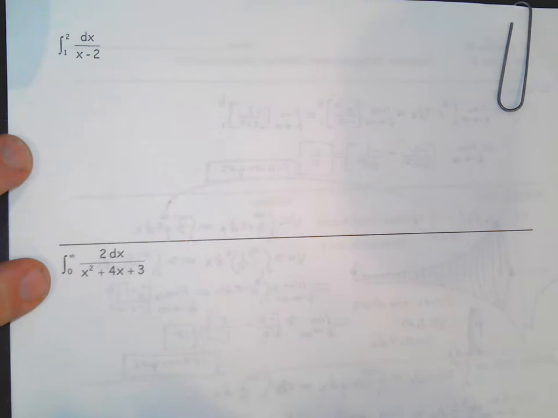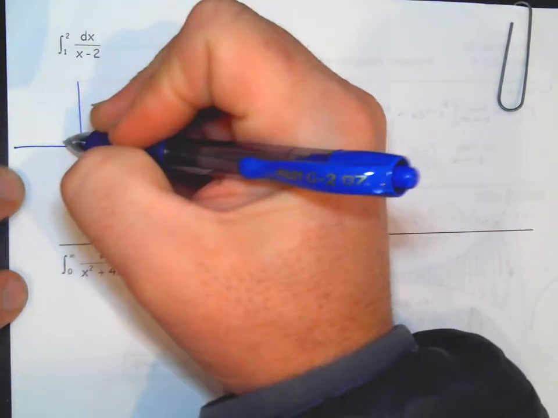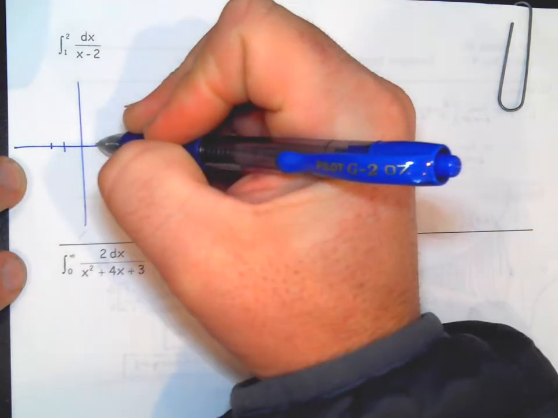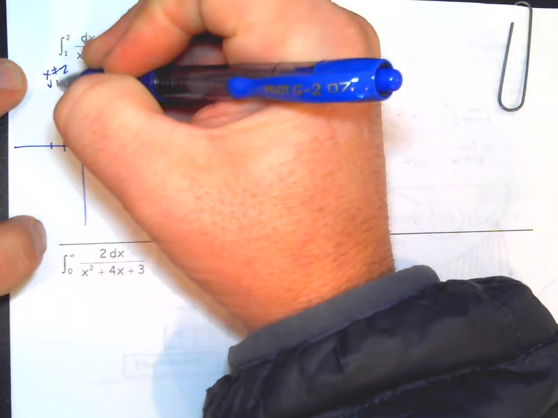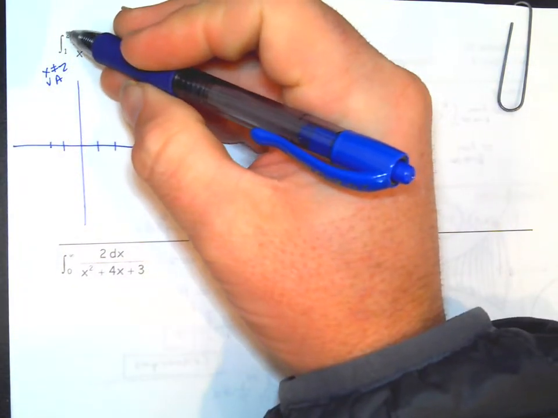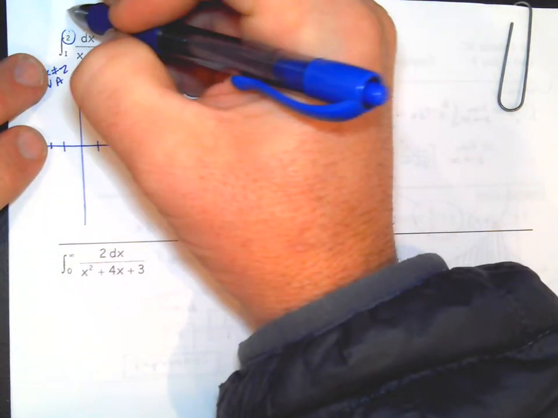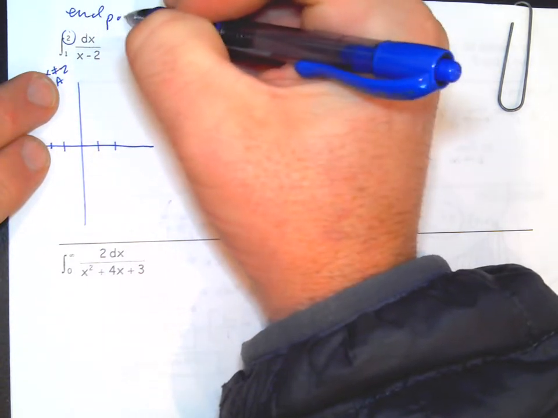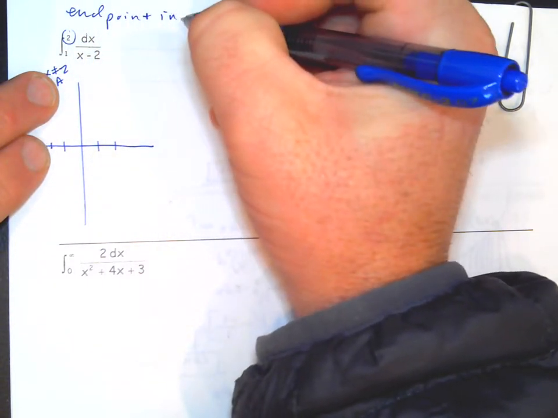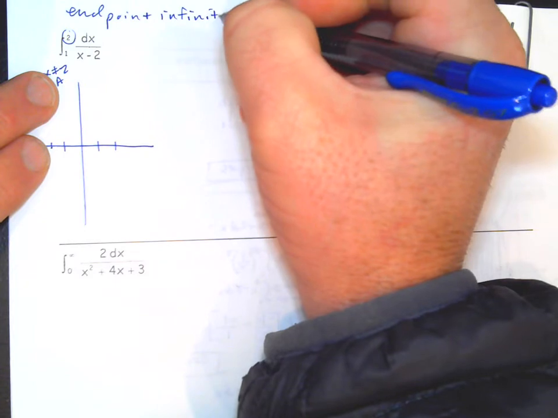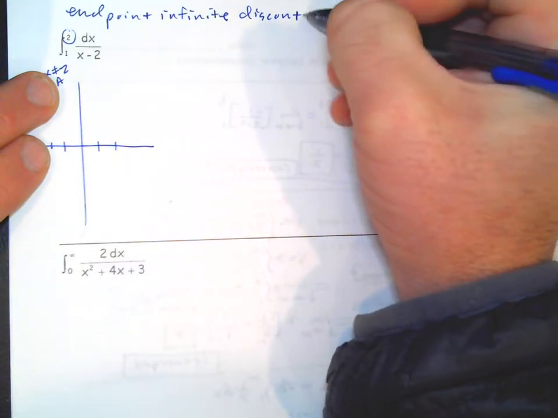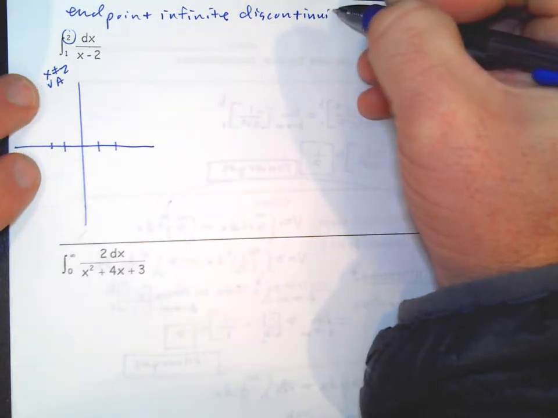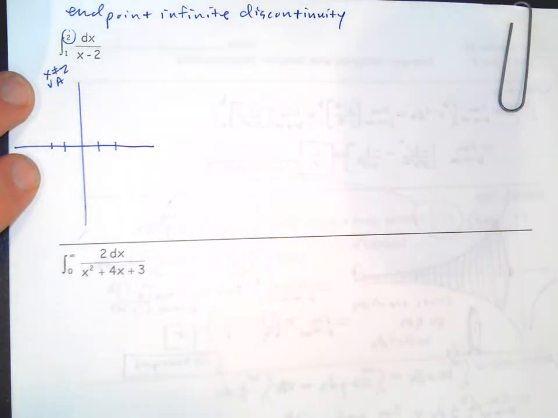So first thing, we could draw a sketch. At some point you're not going to draw sketches anymore, but it's going to have a vertical asymptote. X cannot equal 2. It matters to us because it's on the edge. So this is an endpoint infinite discontinuity. An infinite discontinuity is a vertical asymptote. If it were interior, that's like the last problem.